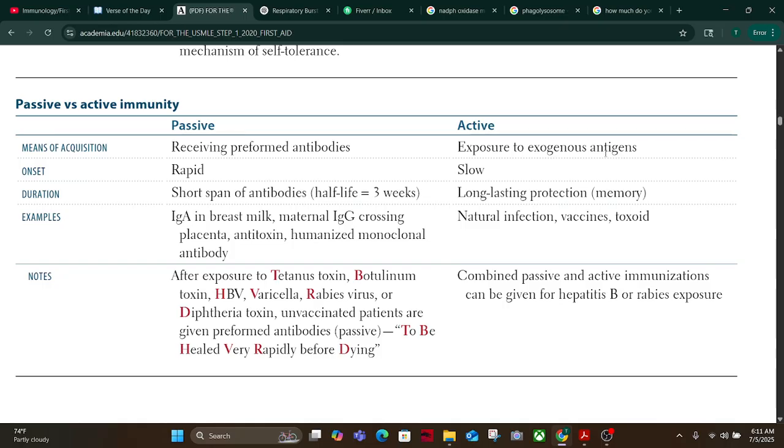The body does not attack its own B and T cells, even though the B and T cells are non-functional. That's how the body doesn't destroy its own B and T cells, even though they are silent. They just keep them there. They're alive, they're not dead, so they keep them there.